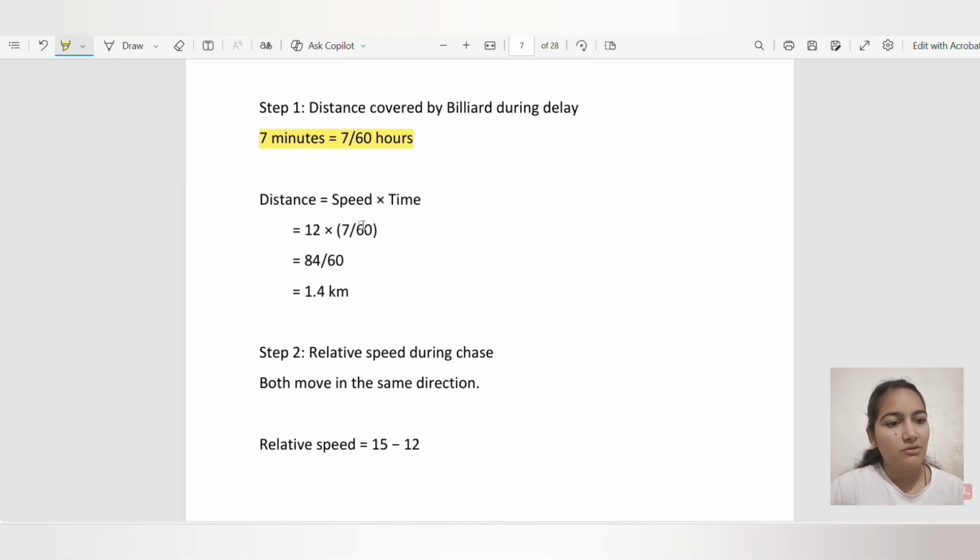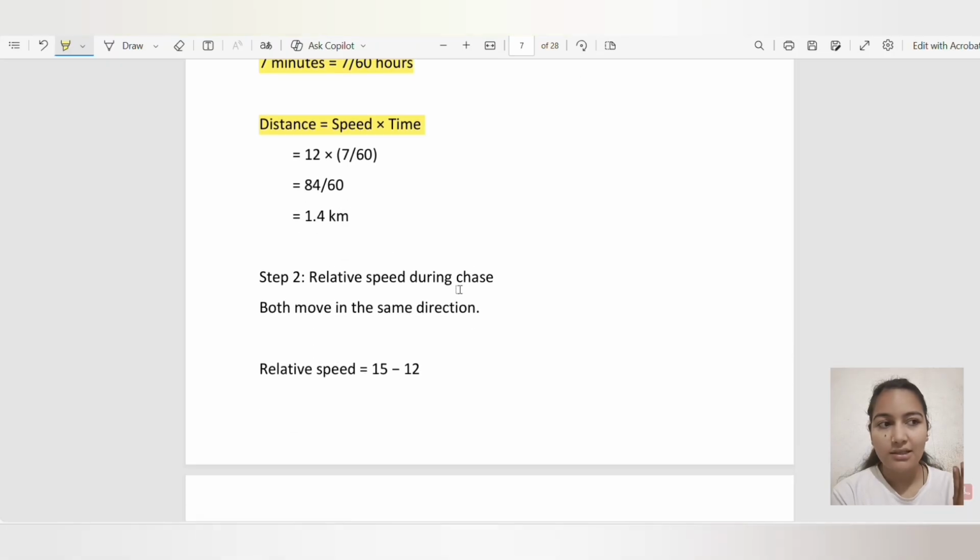Now we have to find the distance. When the cop car was running in this direction for 7 minutes, the billiard of course has covered some distance, so we have to find that distance. This is not a difficult question, you just have to visualize this as a real situation happening in front of you.